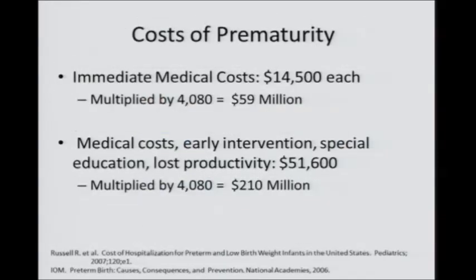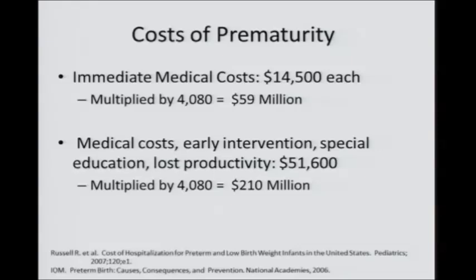And you could do that by Medicaid versus non-Medicaid or racial disparities. You can make those kinds of comparisons, again, by geography, time, race, demographics, anything. So translating this into cost, we can look at the literature and the immediate medical costs of prematurity before the discharge.